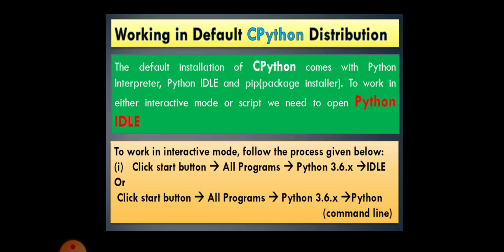To work in interactive mode, you have to follow the process given below. Click on the start button of your Windows, all programs, then the new version, Python 3.7. Click on the IDLE icon from the menu.